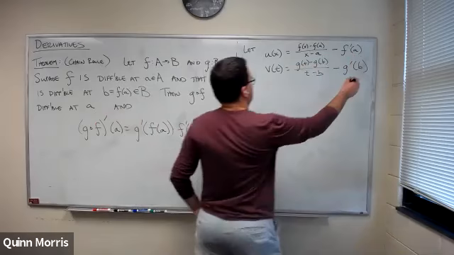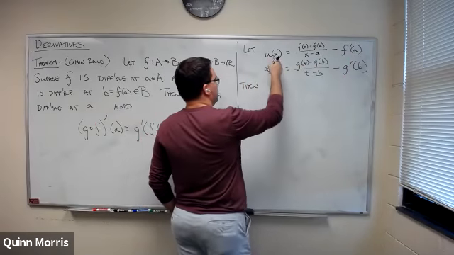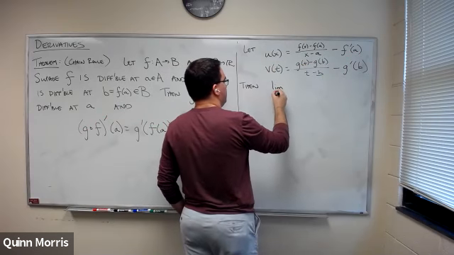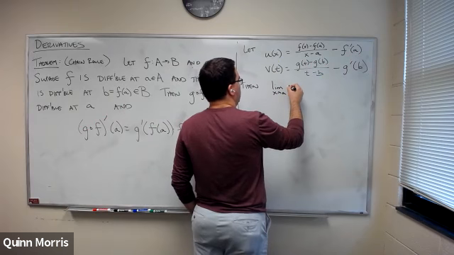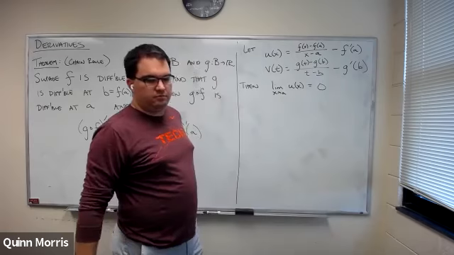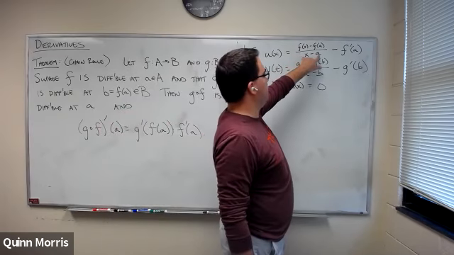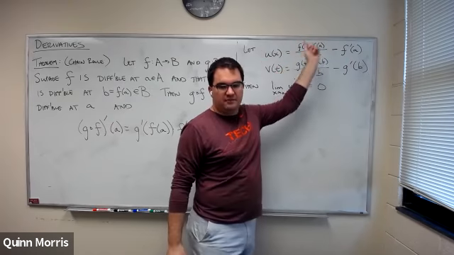So one thing we can note is that the limit as x approaches a of u of x is going to be 0. Why? Because if I take the limit as x approaches a, this whole term goes to f prime of a.